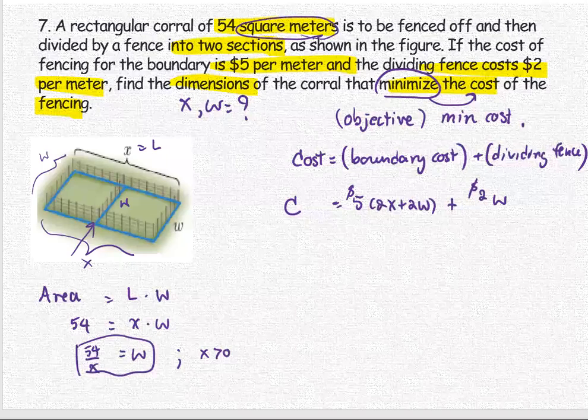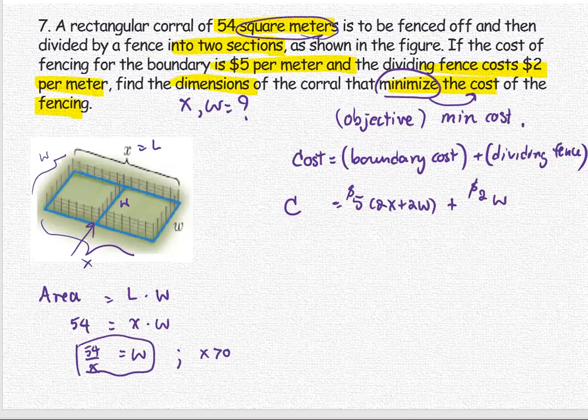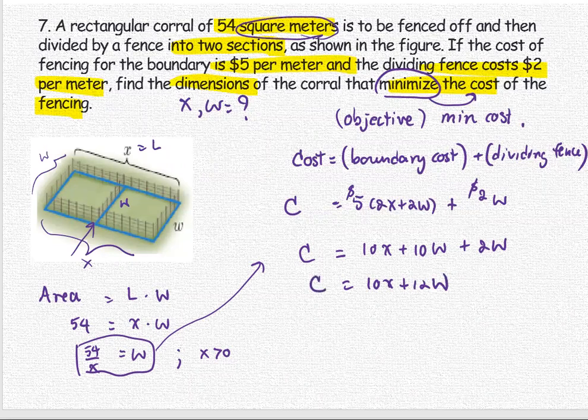And we're going to simplify, because right now the cost depends on x and w. We're going to consolidate and then use the constraint to eliminate one of them, and then the cost will be just a function of one variable. Simplify. So this is going to be 10 times x plus 10 times w plus 2 times w, or 10x plus 12w as the cost.